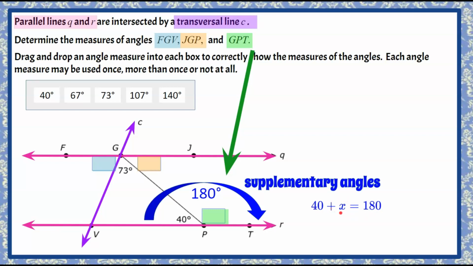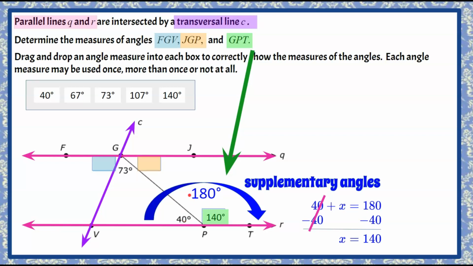To solve for x, we're going to do inverse operations, so we'll subtract 40 from each side of the equation. 40 subtract 40 is 0, or a 0 pair, leaving us x equals 180 minus 40 is 140. So we can identify that angle GPT, this green box here, is 140 degrees, because 40 plus 140 is 180. We have a straight angle or supplementary angles.